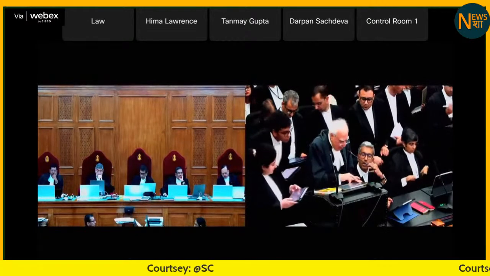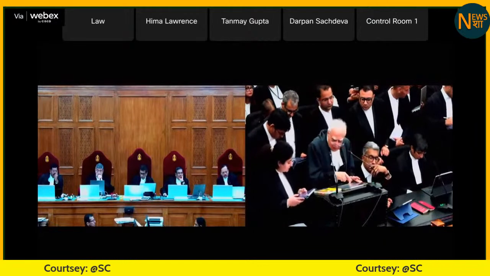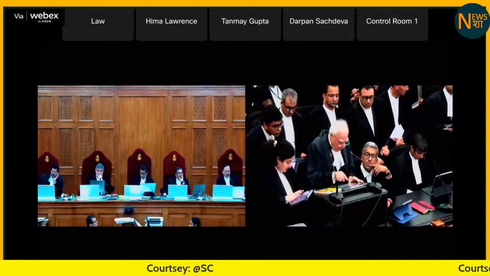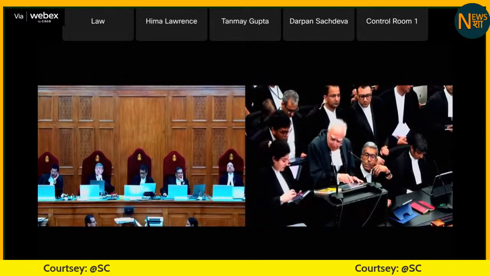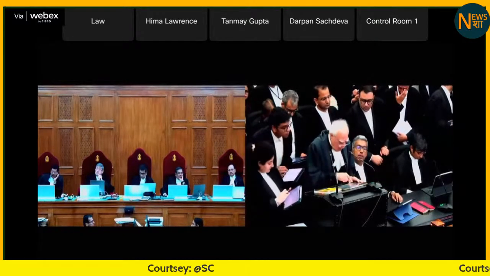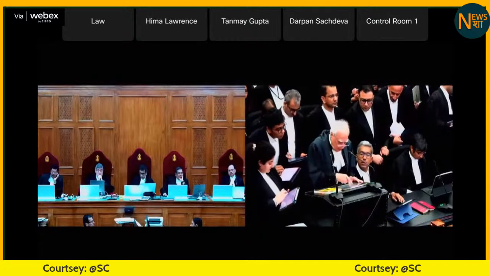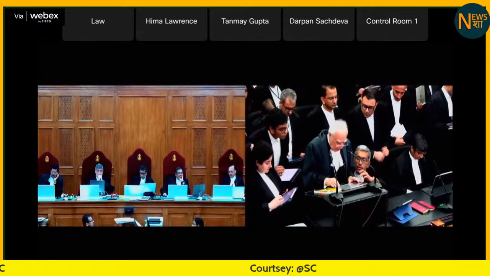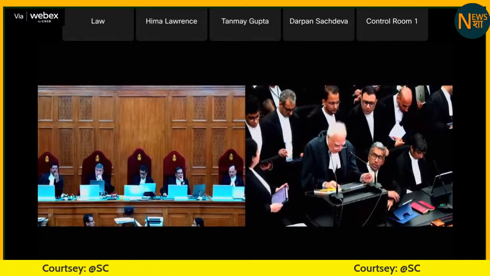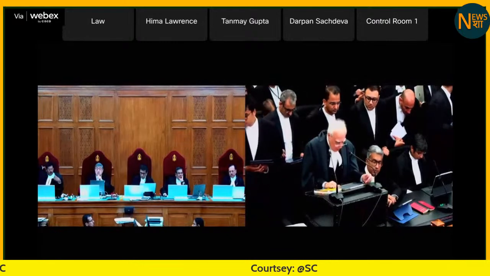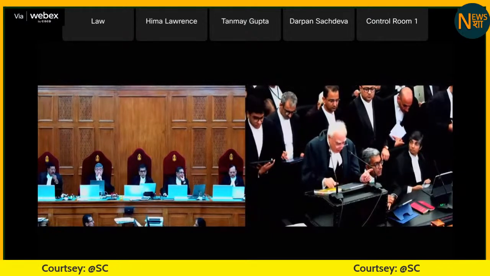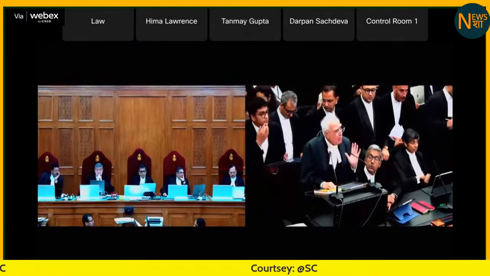Section 3. Same thing. Section 3. The Legislative Assembly also can't touch the provisions that the state of Jammu and Kashmir shall be an integral part of India.